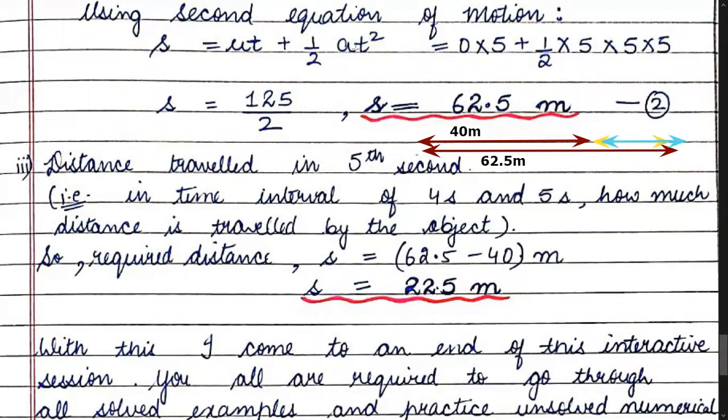What we will do? Yes, we will. How to find this blue distance? You can subtract 62.5 meter minus 40 meter. That will be the distance coming in the last second. And your answer will be 22.5 meter.